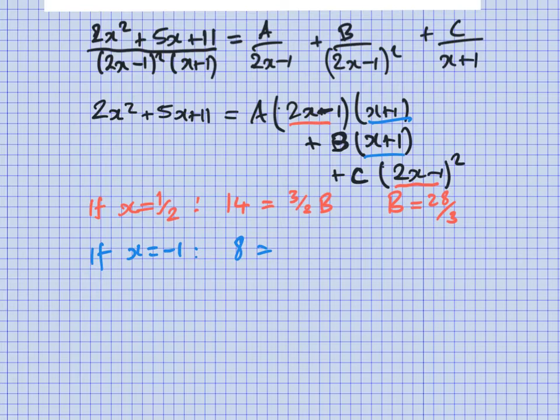So c, let's just work out what that is. Minus 1 times 2 is minus 2, add 1 is 3, so that's 9c. So c equals 8 over 9.